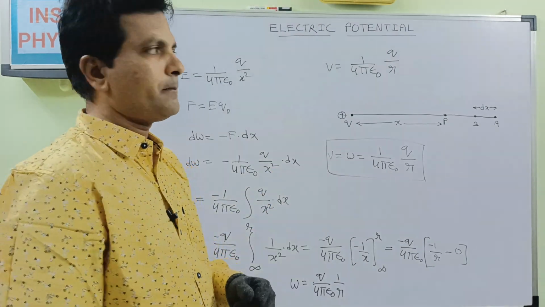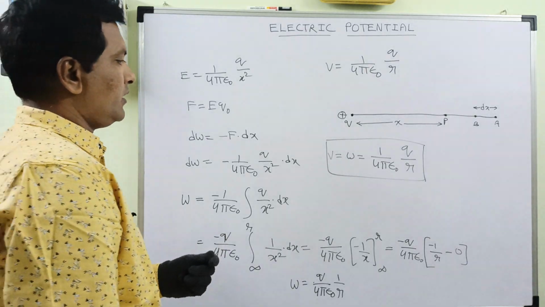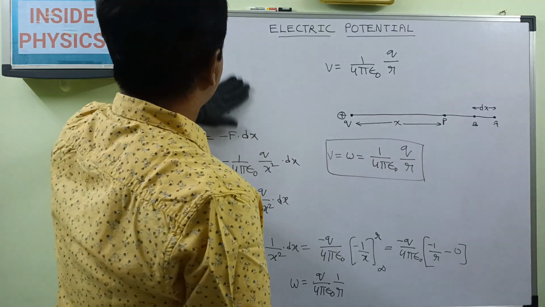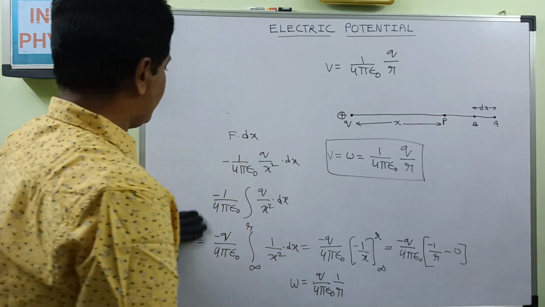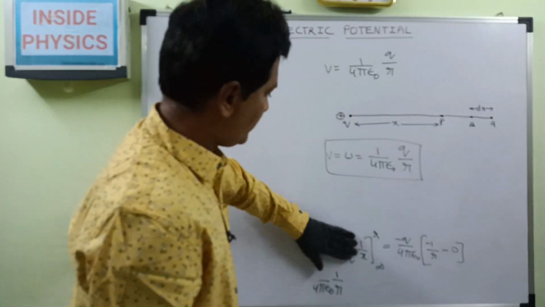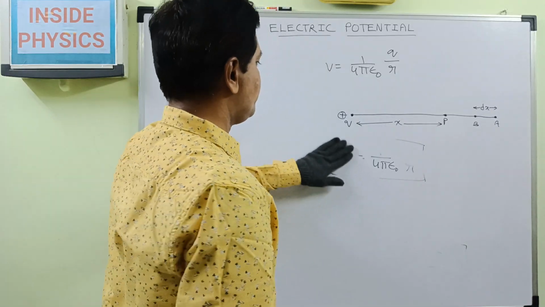Here we'll move to another system of charges, which is a combination of two point static charges. In a system of a combination of two charges, how to find the potential?